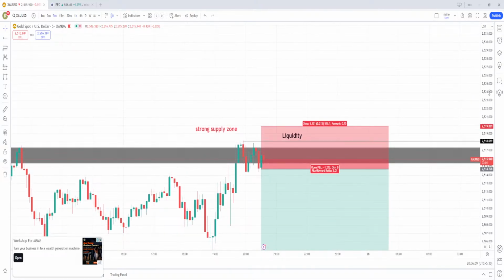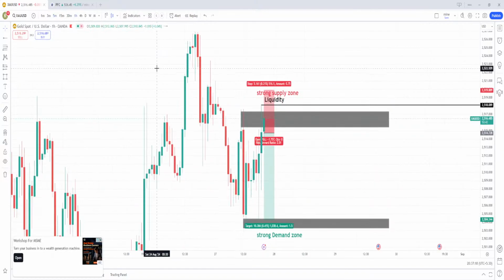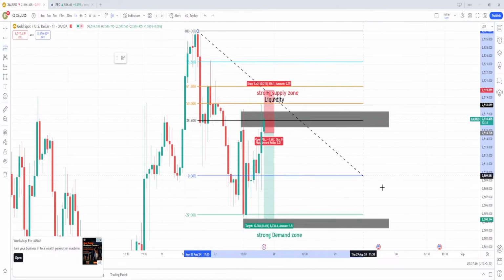There I get confirmation that the price got rejected from this area, and the price is hitting the liquidity zone twice or thrice, so I get further confirmation by using Fibonacci on the 1 hour time frame. See, in the 1 hour time frame I use the Fibonacci retracement from the high to low.